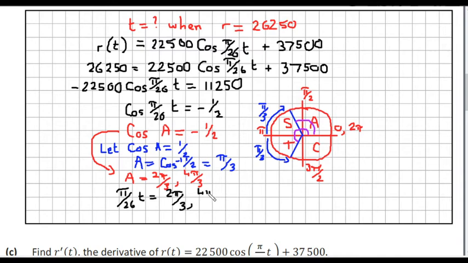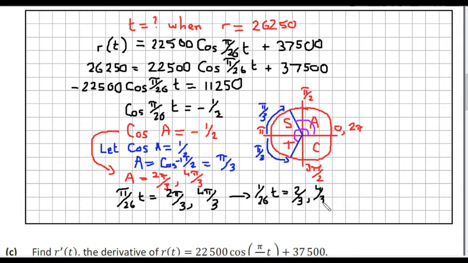So what we could do here is divide across by pi. Alright, so let's do that first. So then you could say 1/26 of t can equal then 2/3, or it can equal 4/3.